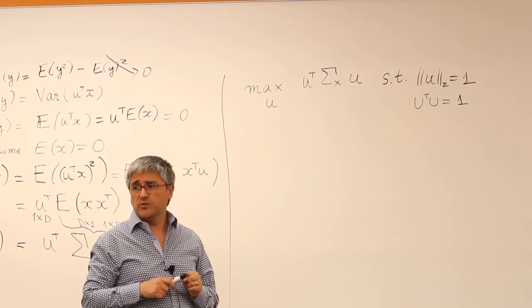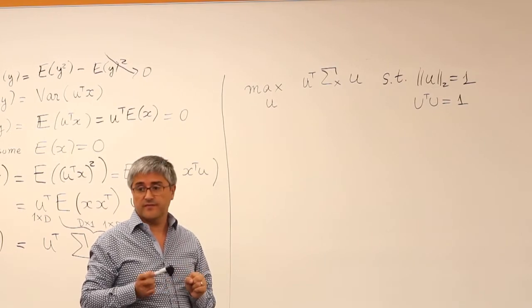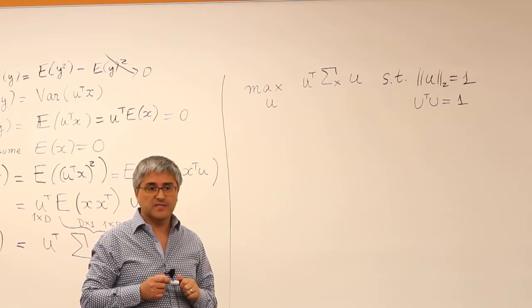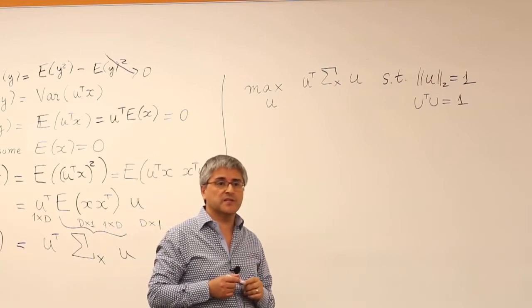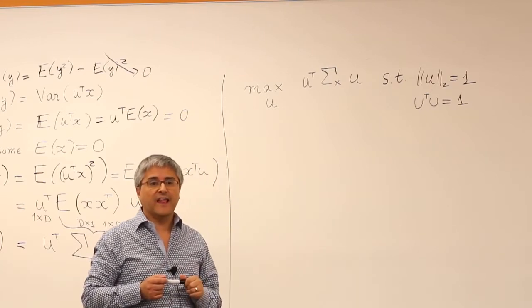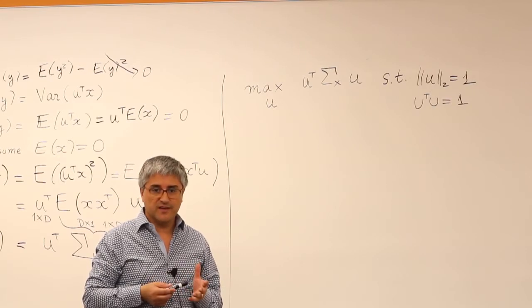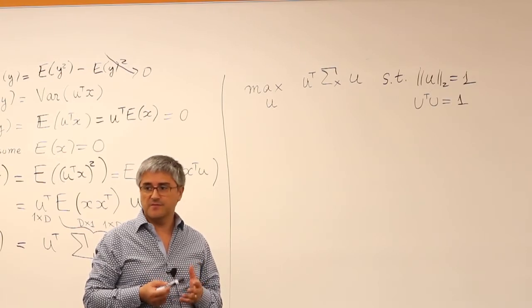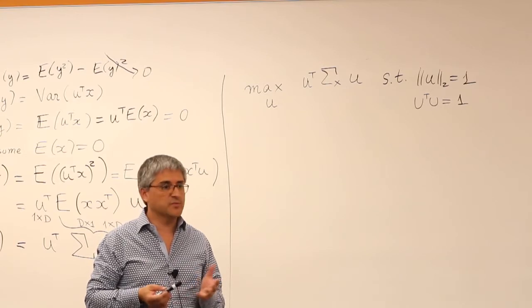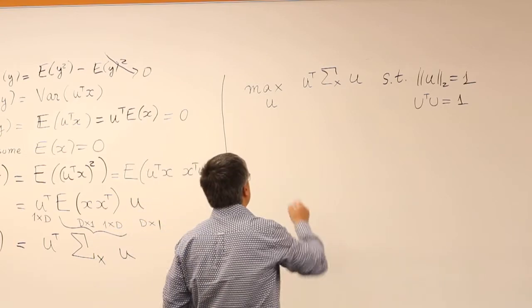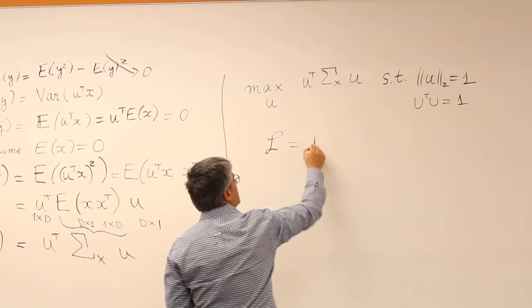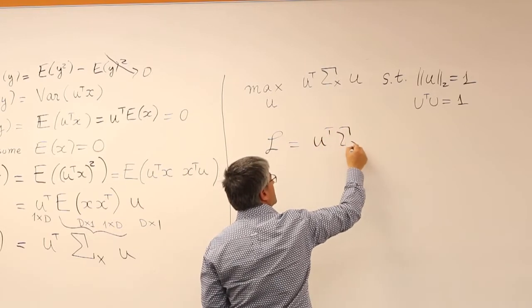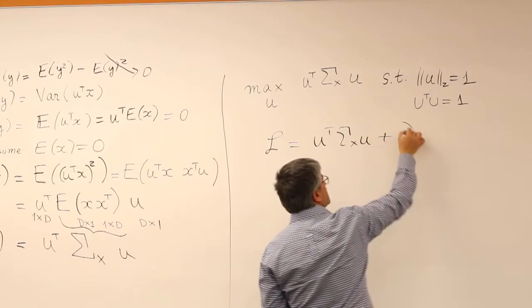So, how do we do optimization when we have constraints? Lagrange multipliers. And how do we do Lagrange multipliers? In words, it is the objective function plus lambda times the constraint. So the objective function is u transpose sigma x u plus lambda times the constraint.